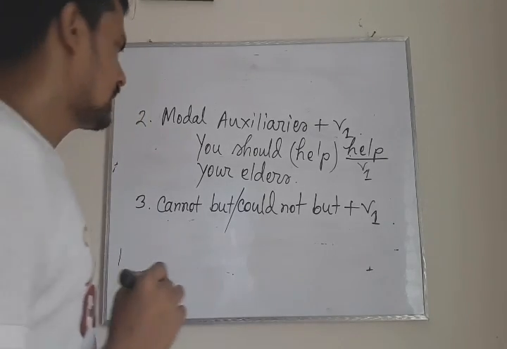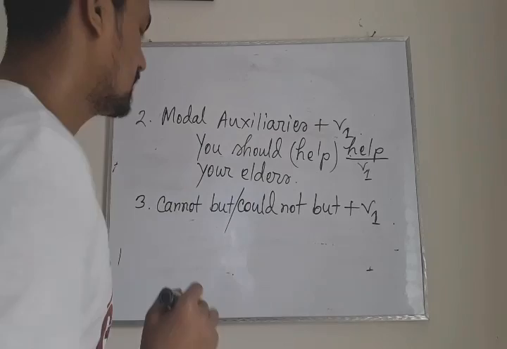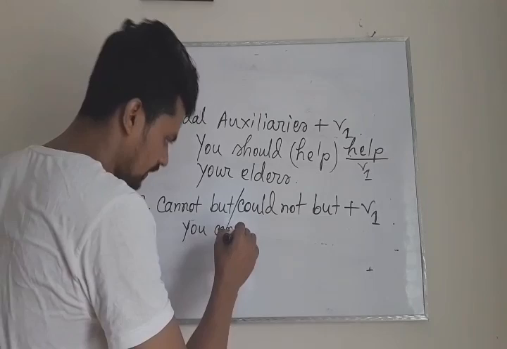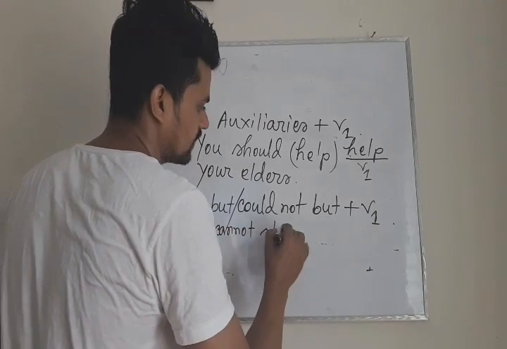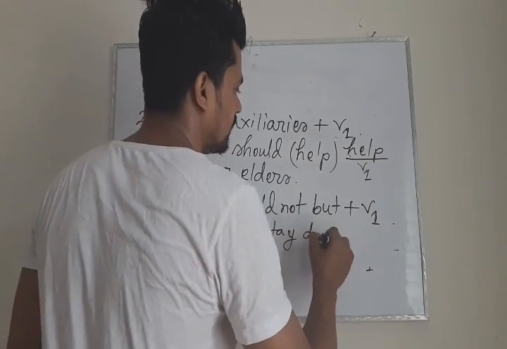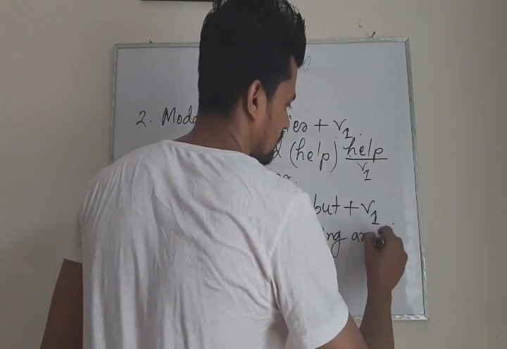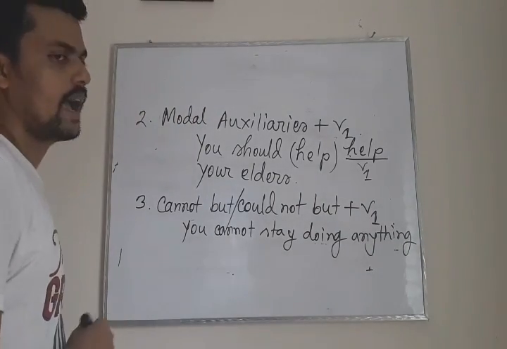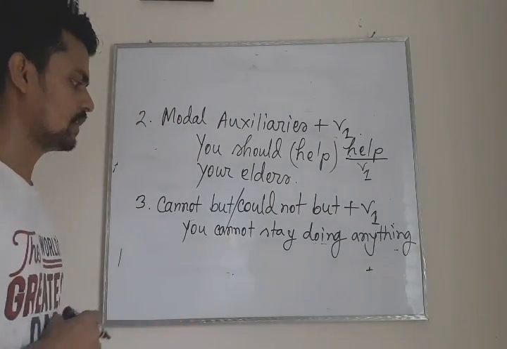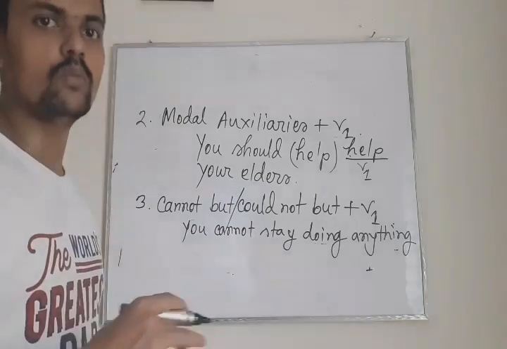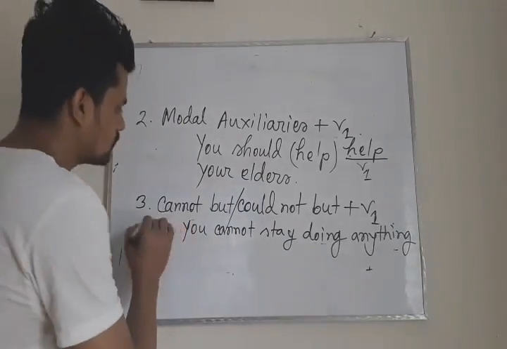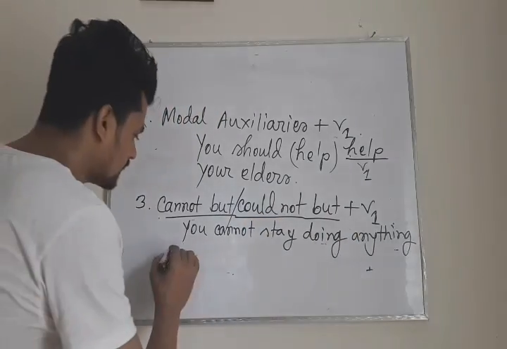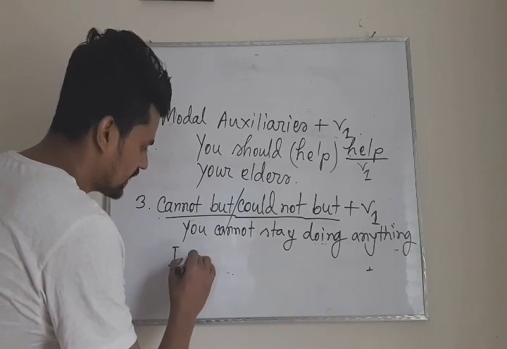If you say cannot but, it means you cannot stay without doing something. If you want to say that I cannot but do this, that means you cannot stay without doing that. So after cannot but or could not but, use the V1 form.